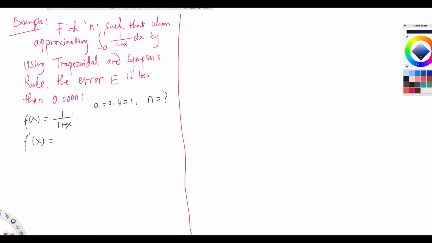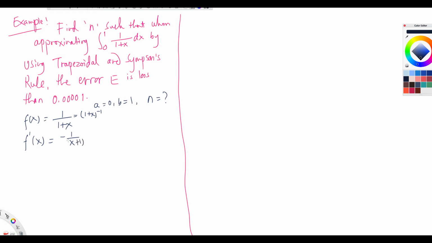So let me write it down a little below. You can write this as 1 plus x to the negative 1, right? So the derivative is negative 1 times 1 plus x to the negative 2. So that will be negative 1 over x plus 1 squared, or 1 plus x squared. It's the same thing.